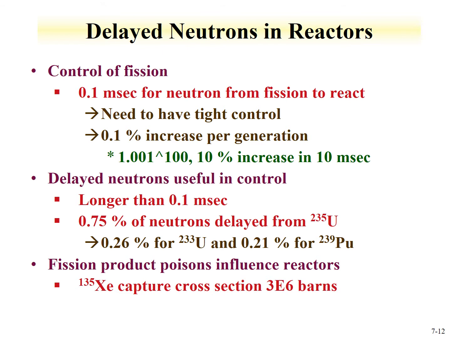Buildup of this isotope in reactors can actually poison the reactors and shut down the process. The buildup of the xenon-135 means that with the increase of that value, those isotopes are capturing more and more neutrons because of its cross-section.